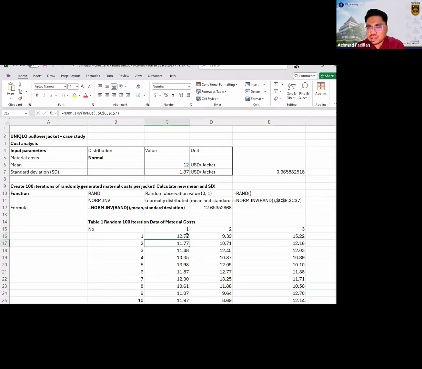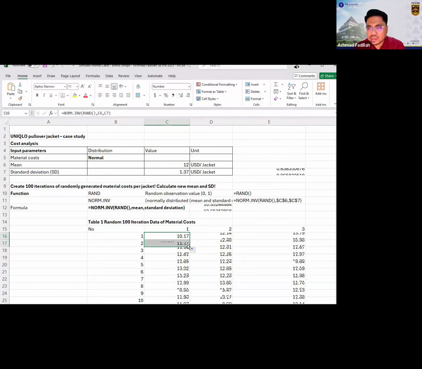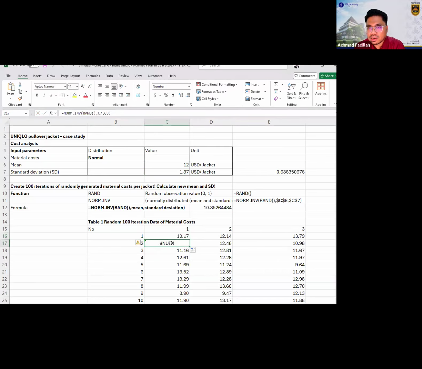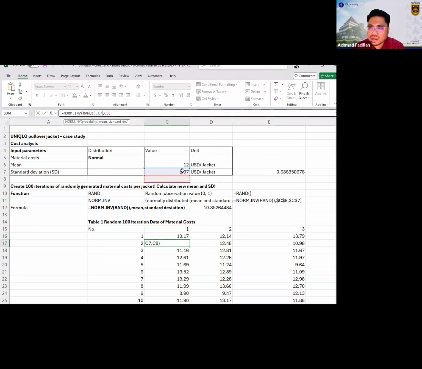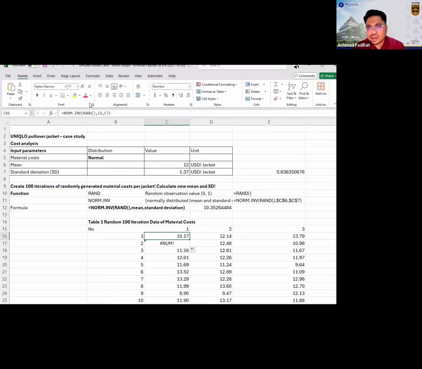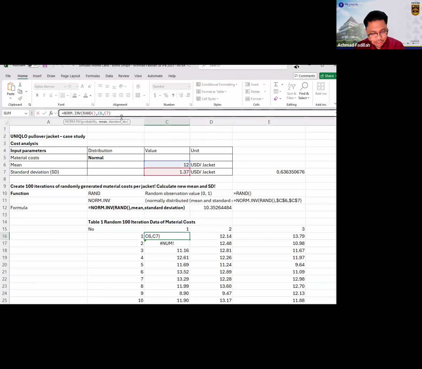But if you move to the one below, this will be an error, because the reference changes and moves to the one below. So that's why you need to put the dollar sign in this formula to lock the column and also the row.